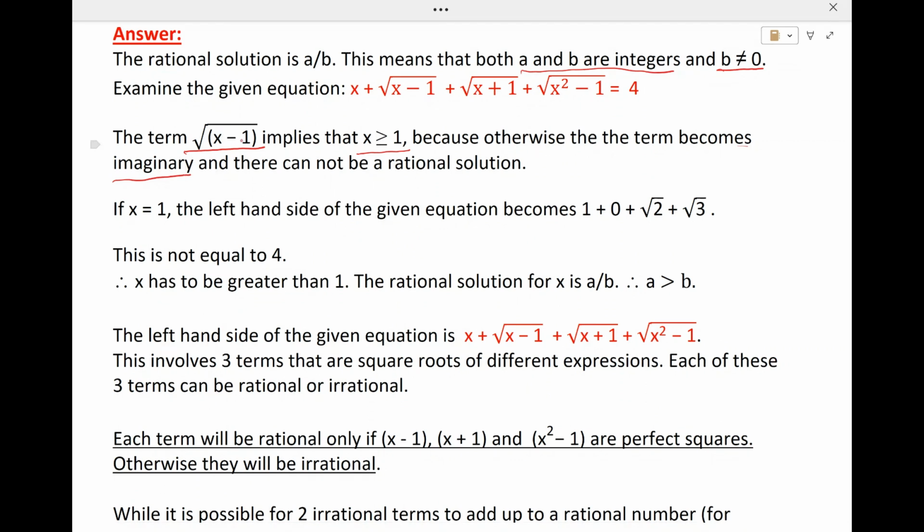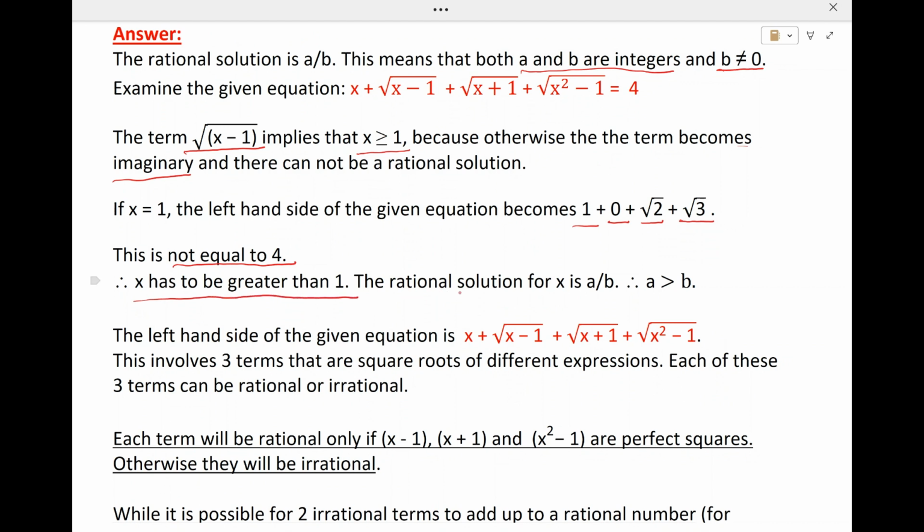If x is equal to 1, the left-hand side of the given equation becomes 1 plus 0 plus square root of 2 plus square root of 3. This is not equal to 4. Therefore, x cannot be 1. Hence, x has to be greater than 1.